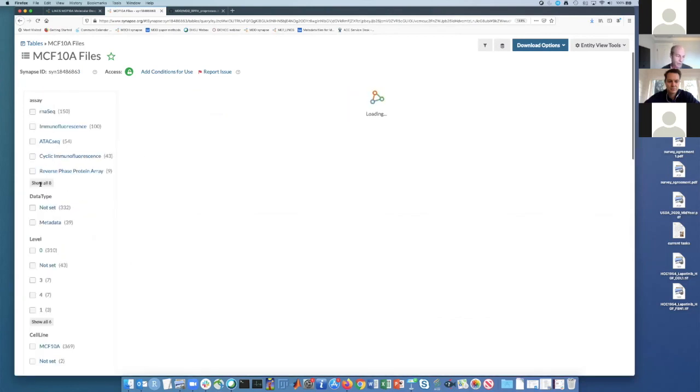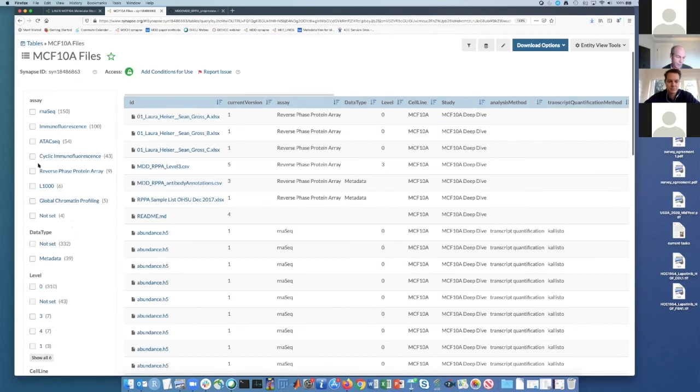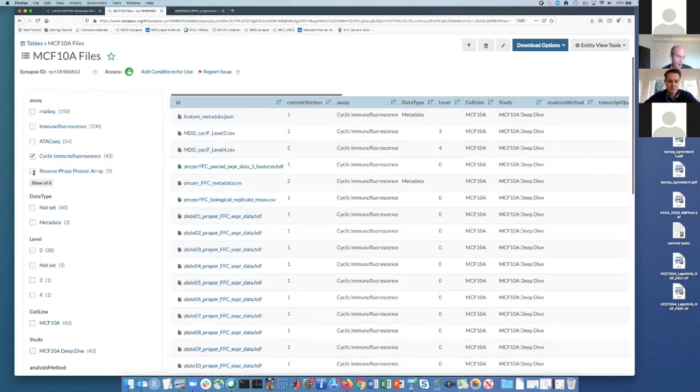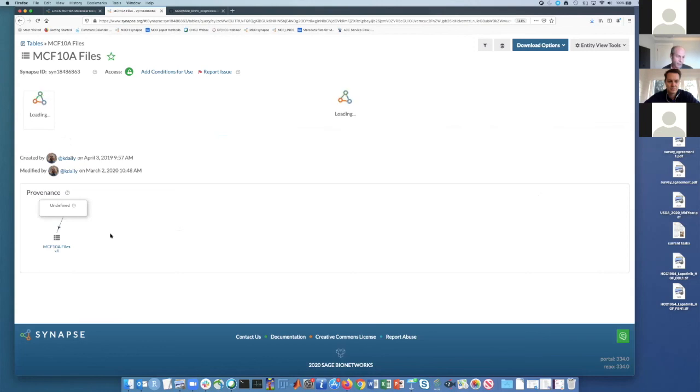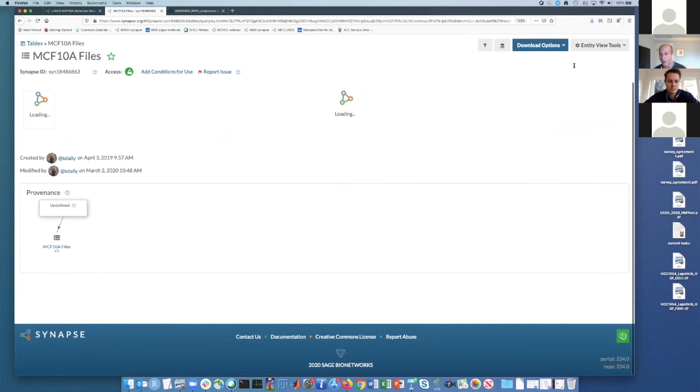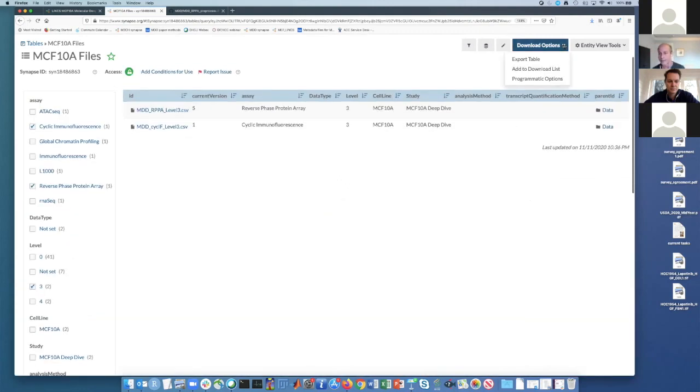And the filters can be additive. So if I say I want the cyclic IF data and the RPPA data, and I want the level 3 versions of those, there's 2 of them, and then I can say add these to a download list.